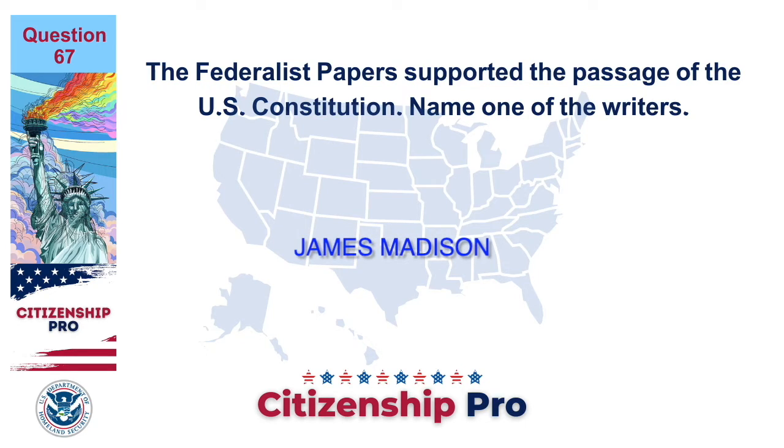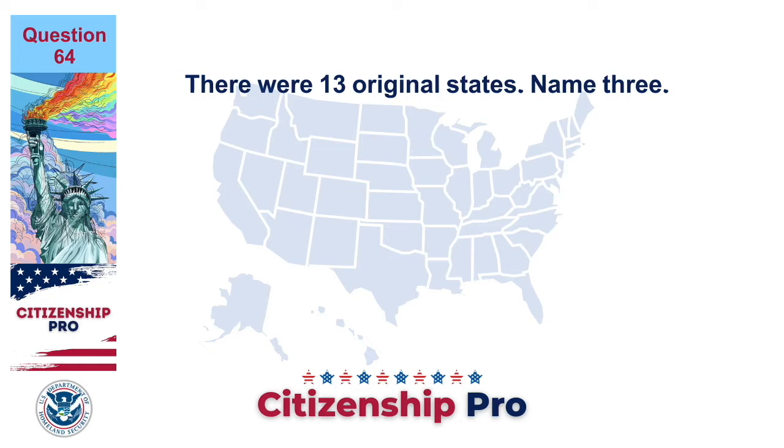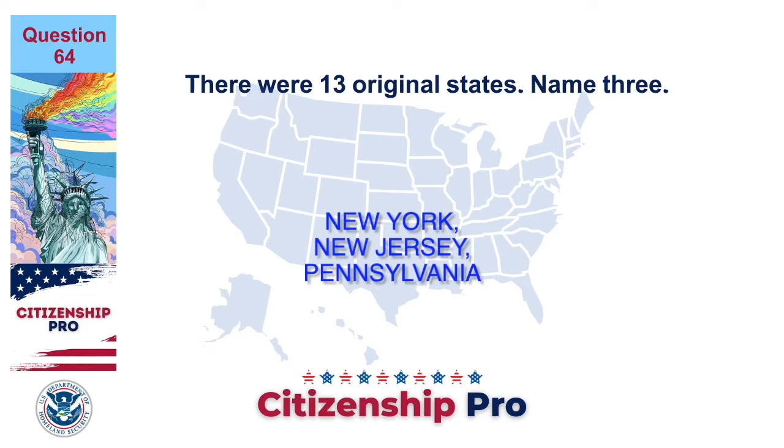James Madison. There were 13 original states. Name 3. New York, New Jersey, and Pennsylvania.